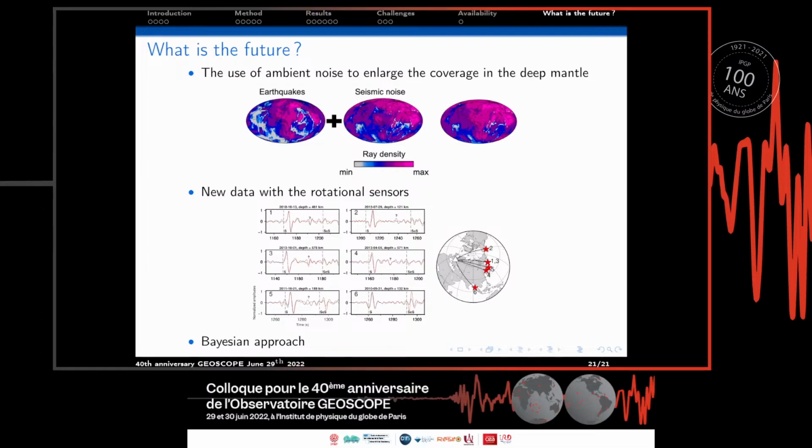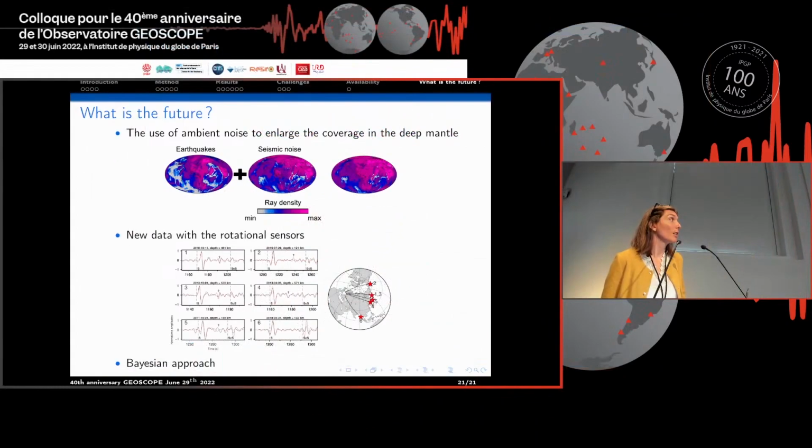for tomography. I also mentioned here rotational sensors that have been developed and deployed, which can now record the rotational motion after an earthquake. Here are just some examples, where I think in black you have the rotational signal, and you see that we are able to compare it to a usual translational sensor, and we see body waves.